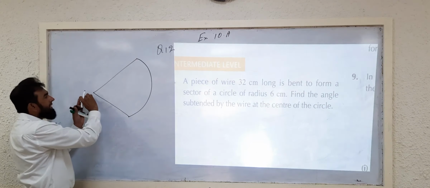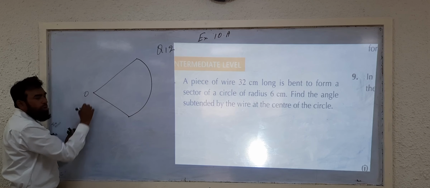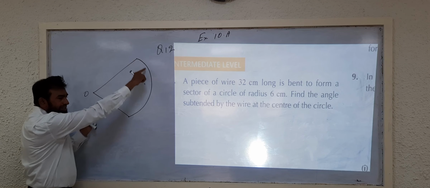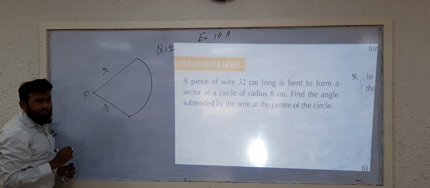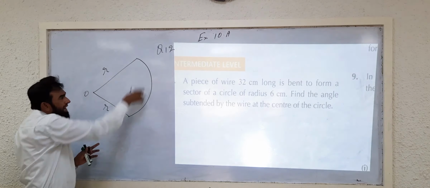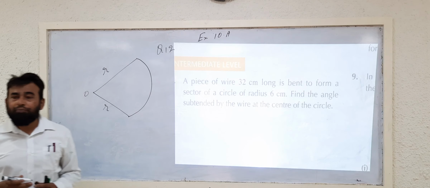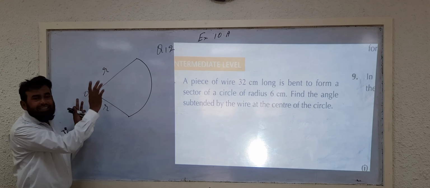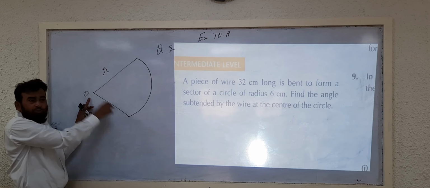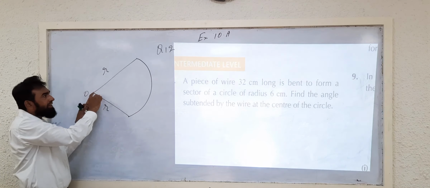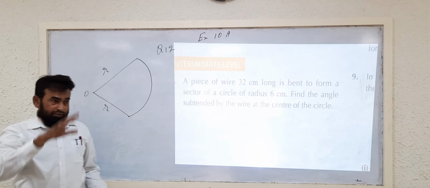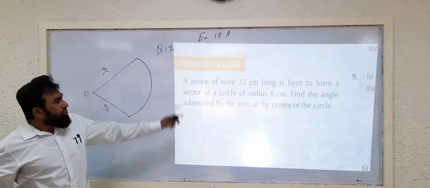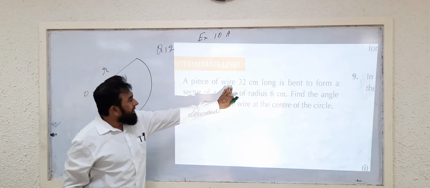The whole wire, if I am starting from O, is this radius, this length of arc and this radius. It means two radii are included in this length and this arc is also included. So that length of wire has been bent to form this complete sector. In this sector, these two radii are also part of the sector perimeter. So we have 32 as the total.